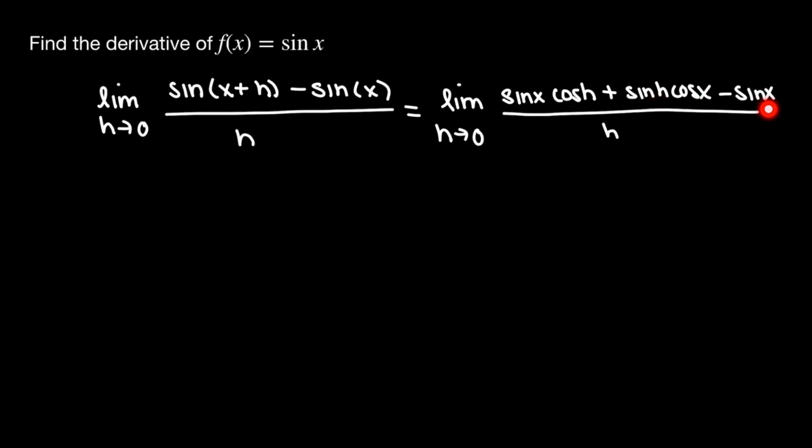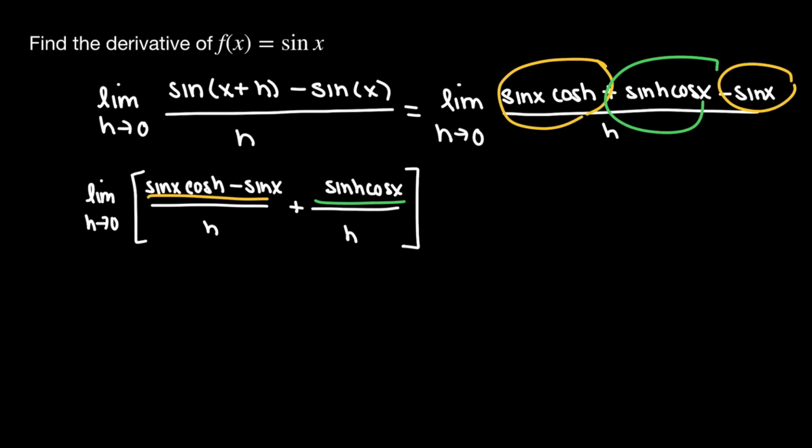And then we still have this minus sin(x) all over h. Now I'm going to regroup these terms so that I can actually work with this. I'm going to rewrite this as two separate fractions. I'm going to put the (sin x cos h minus sin x) all over h as one fraction, and then plus sin h cos x divided by h.